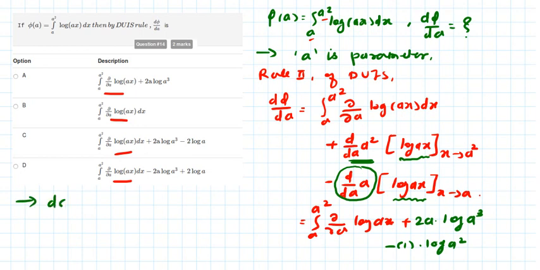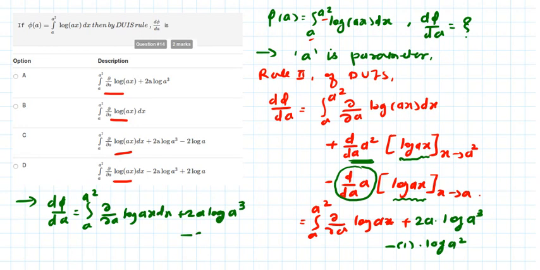So this is the value for d phi by dA: integration a to a square del by del a of log ax dx plus twice a into log a cube minus 2 times log a. If you will observe the options, option C is the right answer.